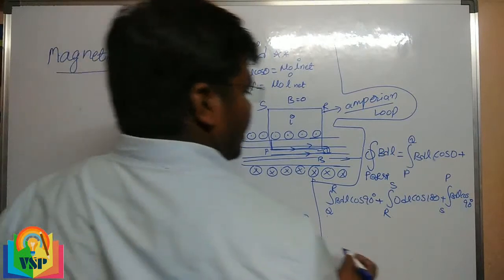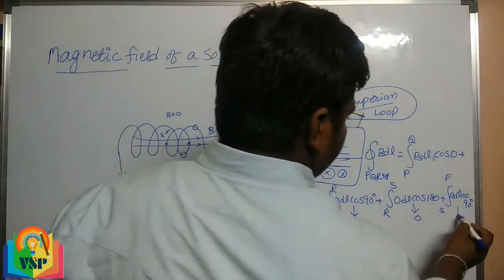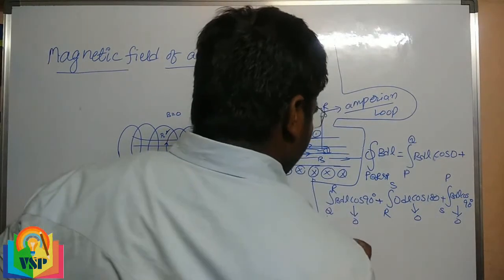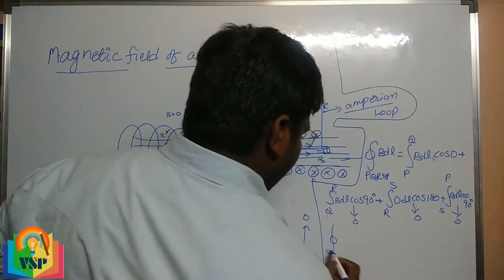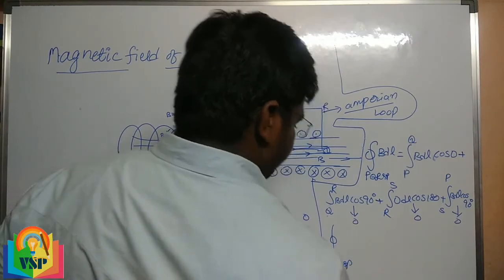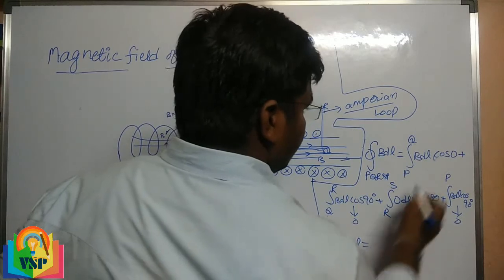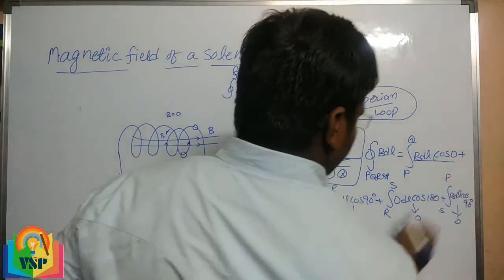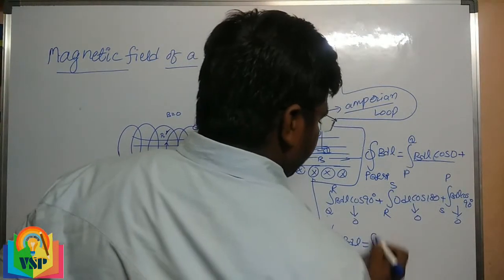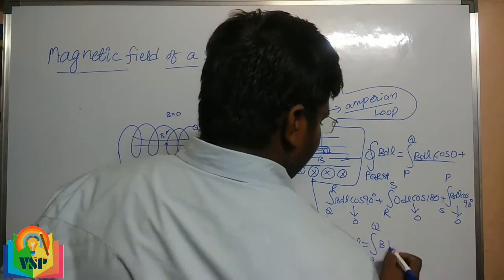Okay, understand? So this becomes 0, this becomes 0, this becomes 0. Only we get the line integral over PQRSP of B·dl is equal to B dl cos 0 integral P2Q, B dl.